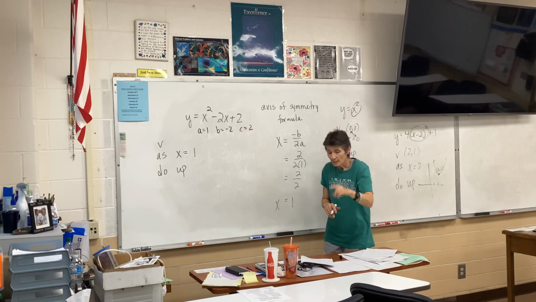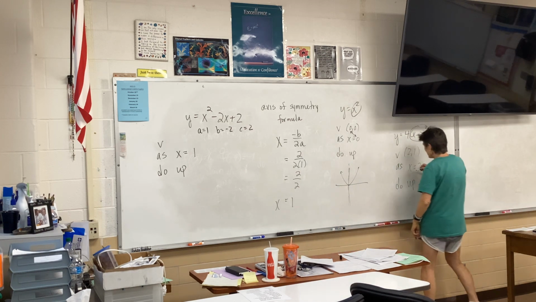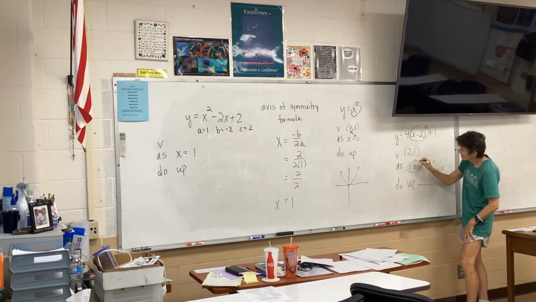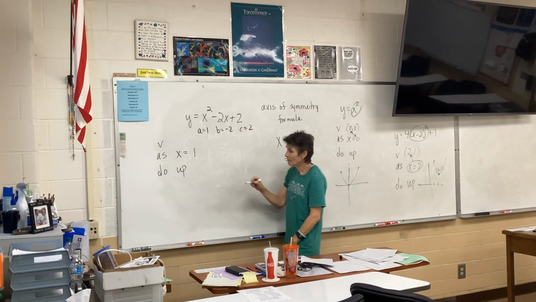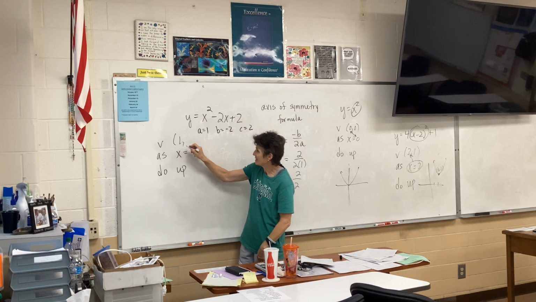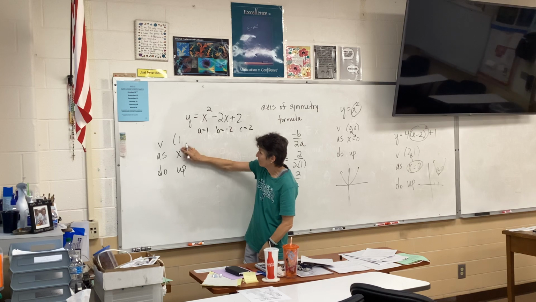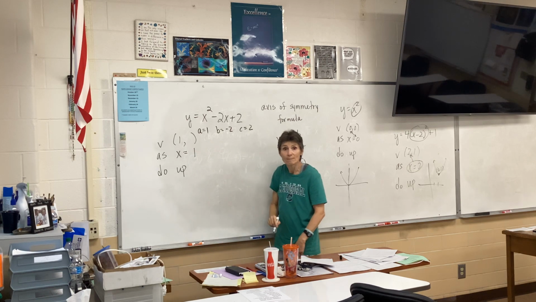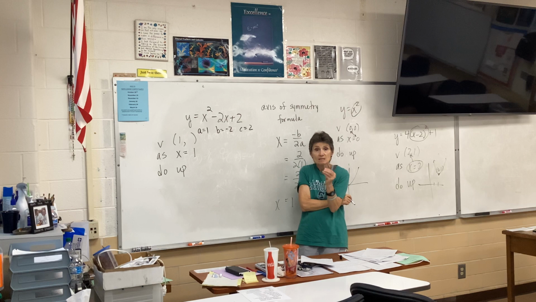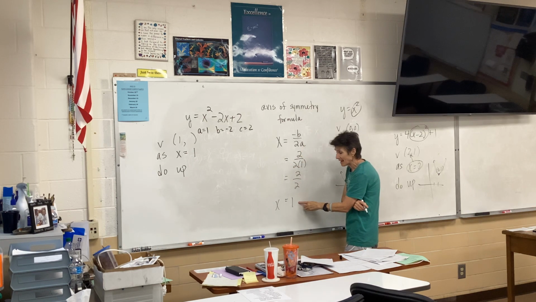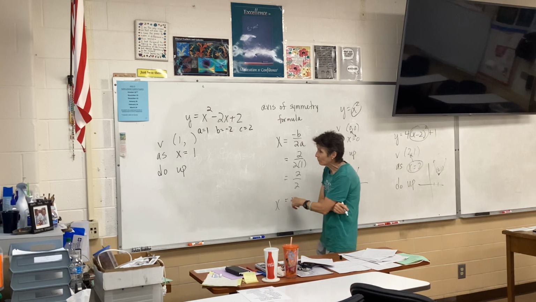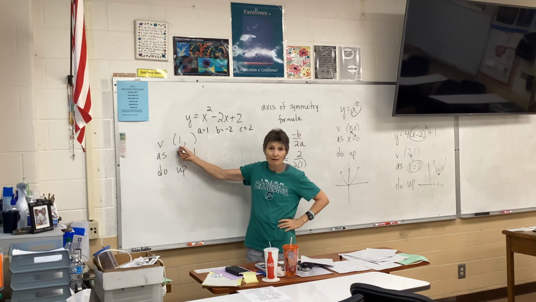Now remember that the axis of symmetry matches the x coordinate of the vertex. So if I know my axis of symmetry is x equals 1, then I know my vertex is (1, something). The axis of symmetry is the x coordinate of the vertex. So once I've used my formula to find my axis of symmetry, I now know the x-coordinate of my vertex.